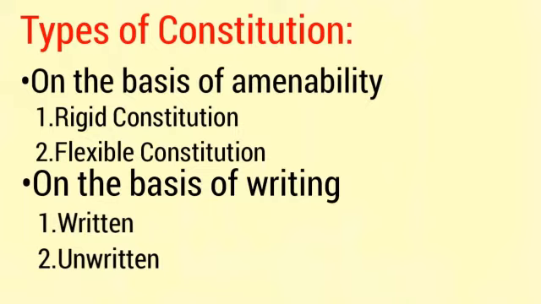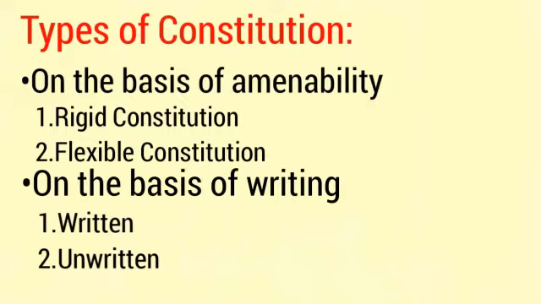Types of Constitution. What is a Constitution? A Constitution is the power map which defines the powers and functions of different organs of the government. On the basis of amenability, it can be divided into two: a rigid constitution and a flexible constitution.